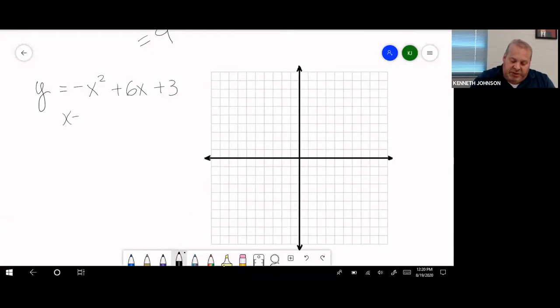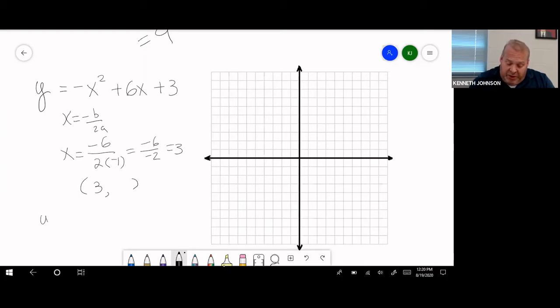So I'm going to need to do my x equals negative b over 2a. So x equals negative 6 all over 2 times negative 1. So it's negative 6 over negative 2, and a negative divided by a negative is positive. So the x value of my vertex is 3.